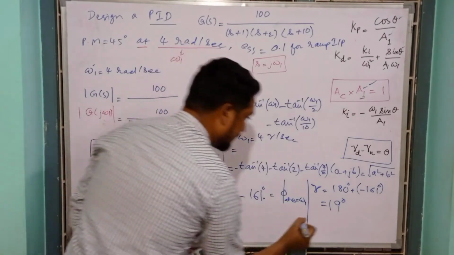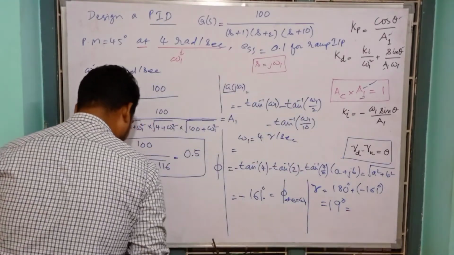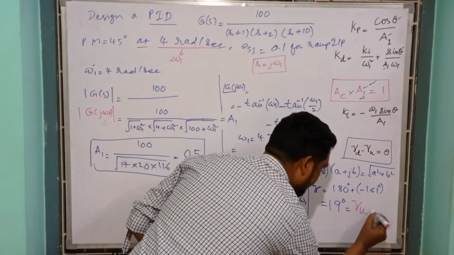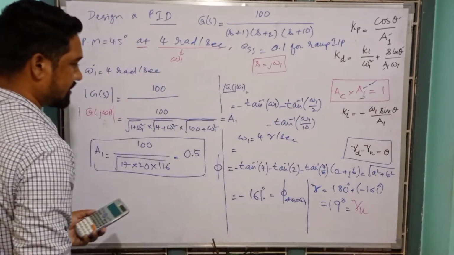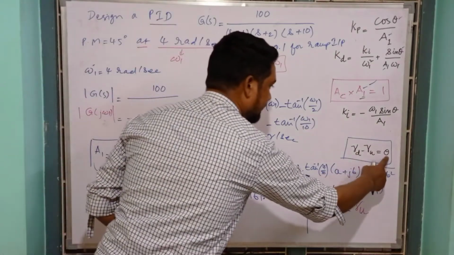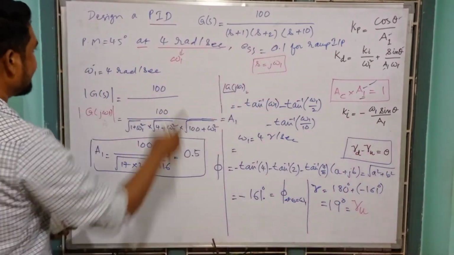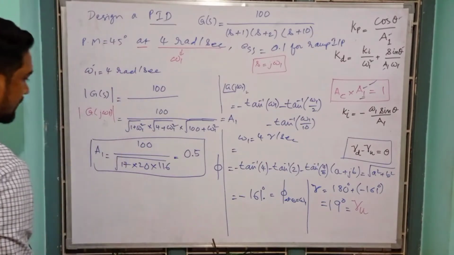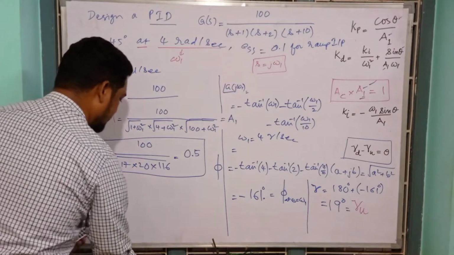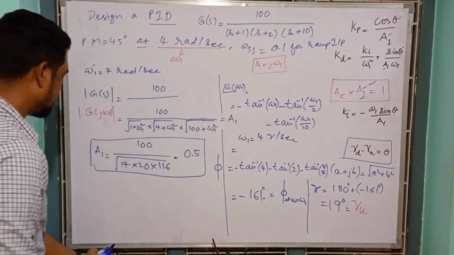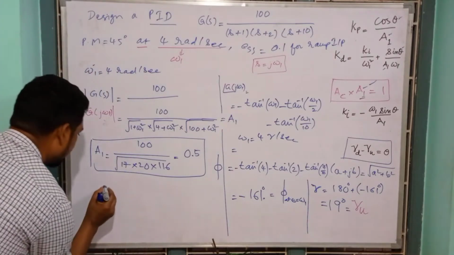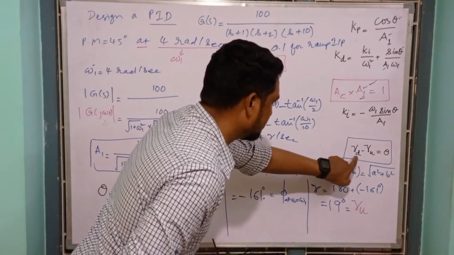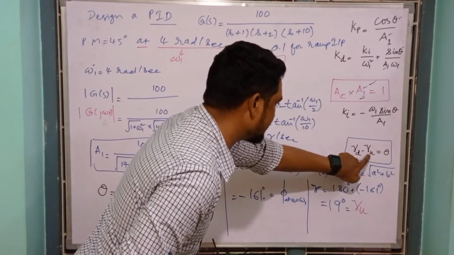Now this will be the phase margin of the uncompensated system, from which we can calculate the value of theta, making use of this expression. The desired phase margin is asked in the question itself: 45 degrees. Theta will be equal to the desired phase margin minus the phase margin of the uncompensated system.